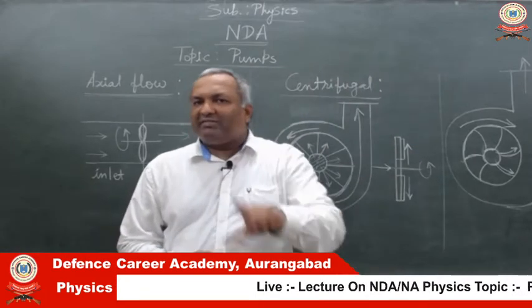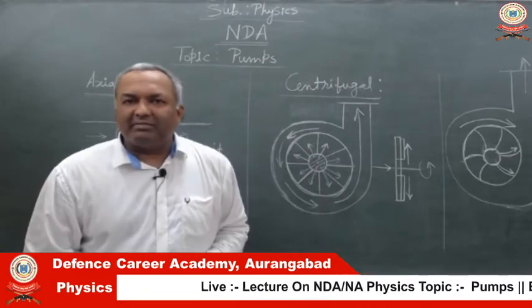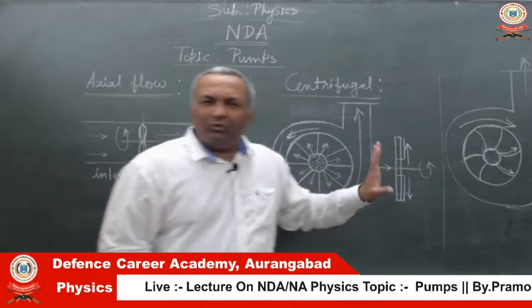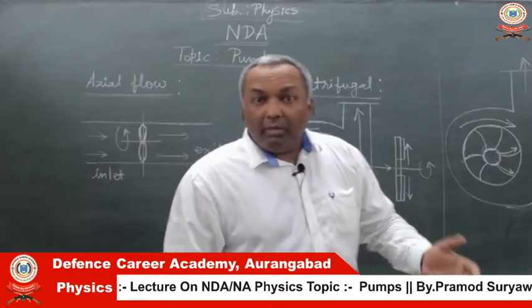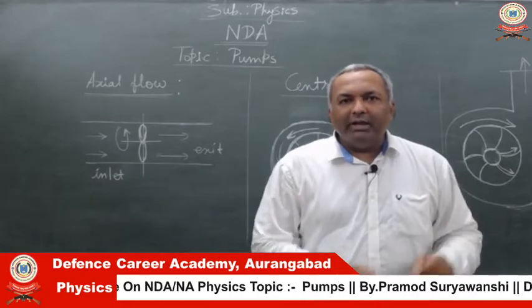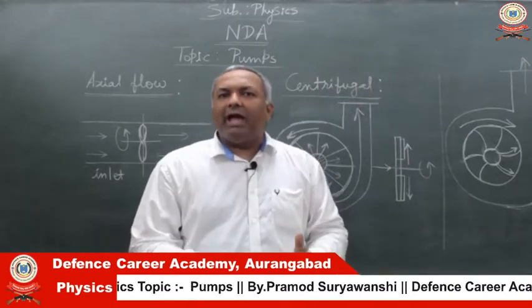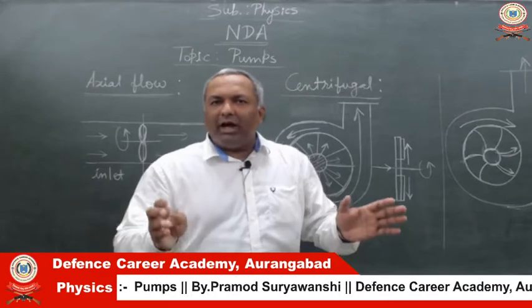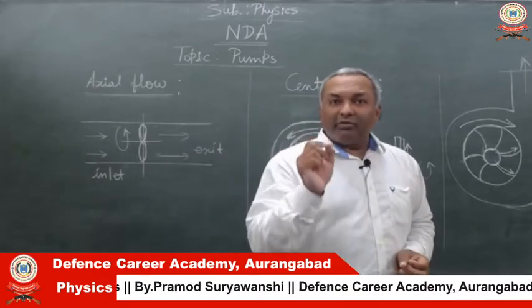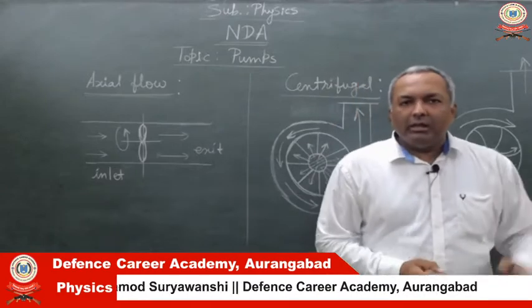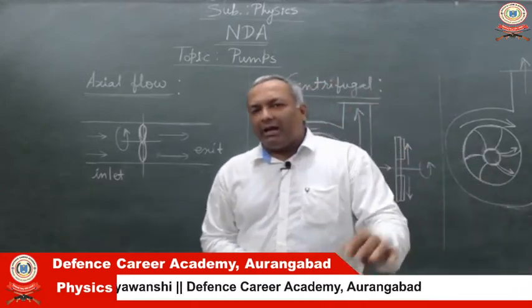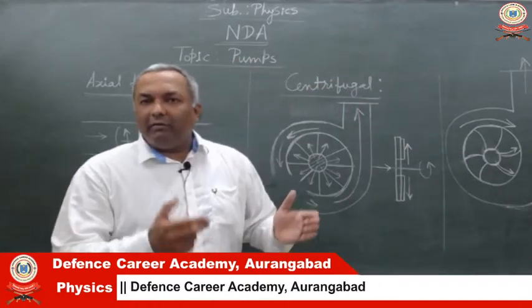But in open well submersible or bore well submersible pump, there are impeller wheels, no doubt. There is a motor also, but the winding of the motor is covered with a thick insulation. So that winding as well as the pump, both are submerged in water, but because the wire is very well insulated, the current does not leak out of the winding.